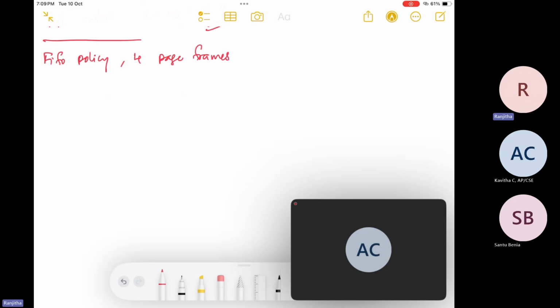So the system first accesses 100 pages in some order. Okay. Access 100 pages in some order. And then accesses the same pages in reverse order.